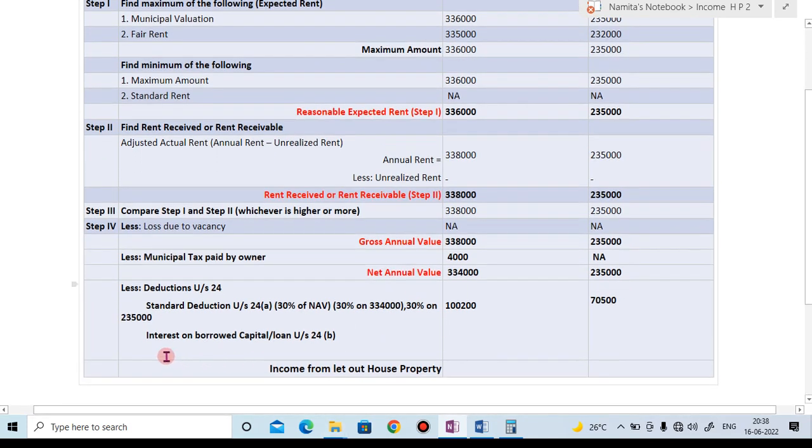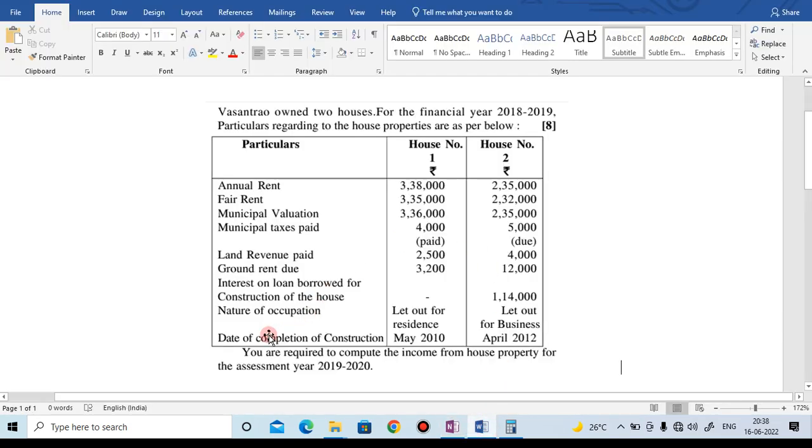Clear? Now next deduction is interest on borrowed capital or loan. Now check here. See, interest on loan borrowed for construction of house is given. Okay, so interest on borrowed loan for construction of house. For house number 1 there is no interest, but for house number 2 the interest is given, that is 1,14,000.